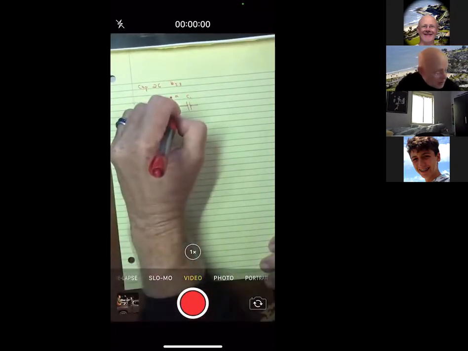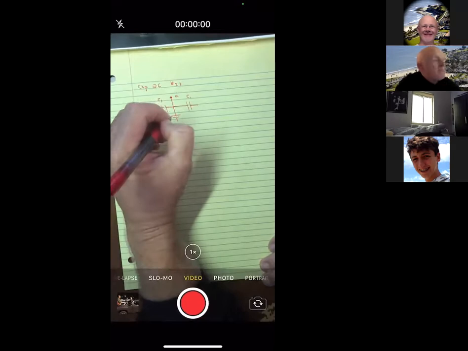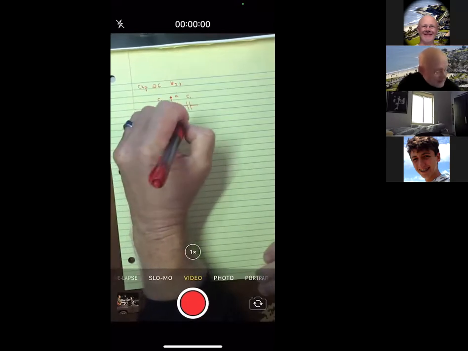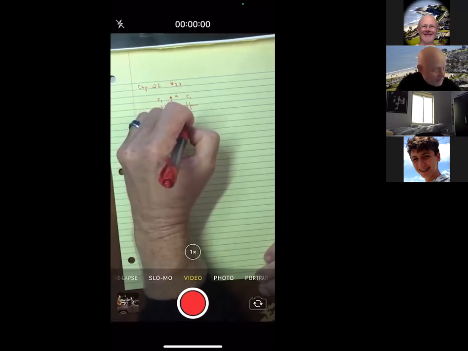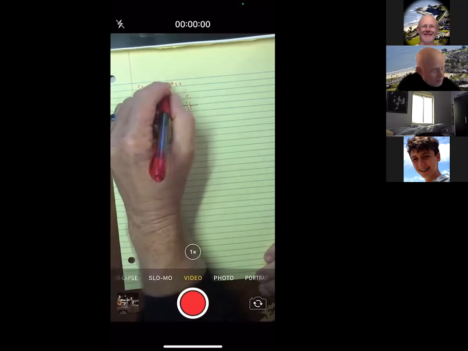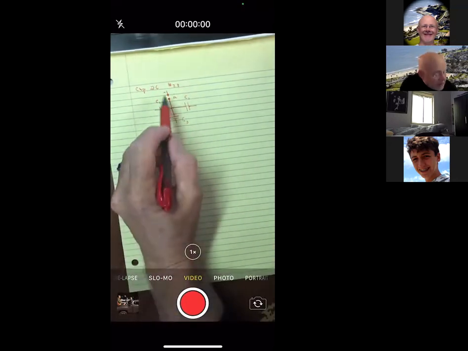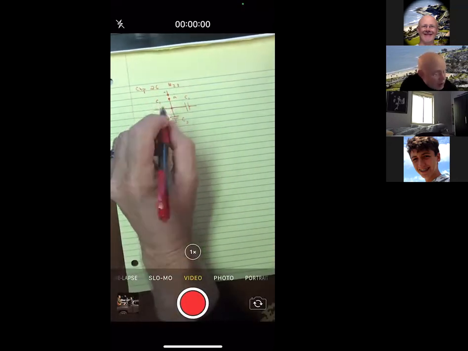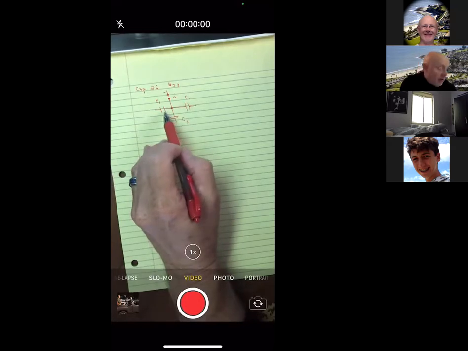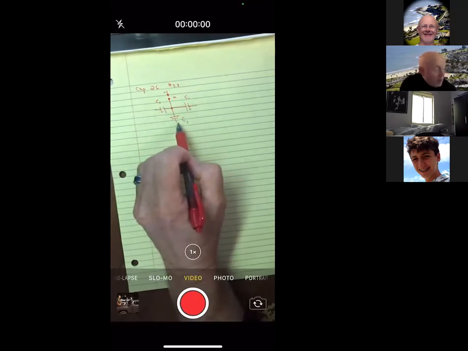But I guess I will start by saying these three, if we were to hook this up to the negative of the battery, charges could go to the left one, the right one, or the middle.